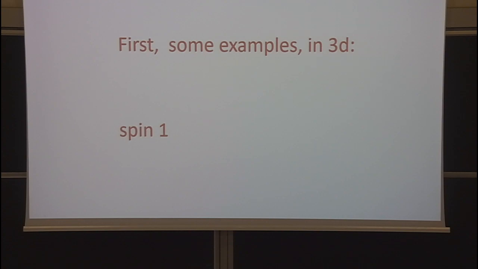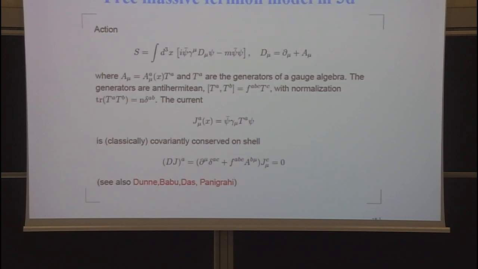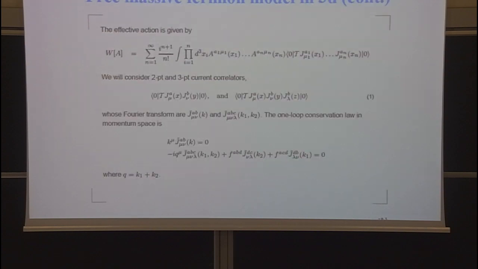For instance, if you go to three dimensions and consider a spinor theory coupled to a gauge potential A mu, which can be non-abelian in this case, then there is this current, which is classically, covariantly conserved. These have been studied by many people in the past.